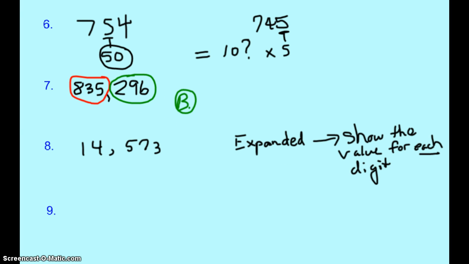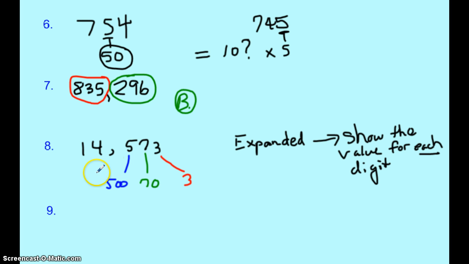So let's take them one by one. Let's do the 3. The 3 is in the ones, so the value of that is 3. The 7 is in the tens place, so 7 tens would be 70. The 5 is in the hundreds place, so this would be 500.